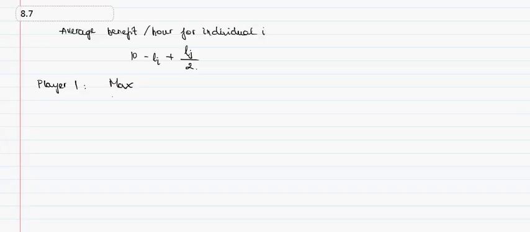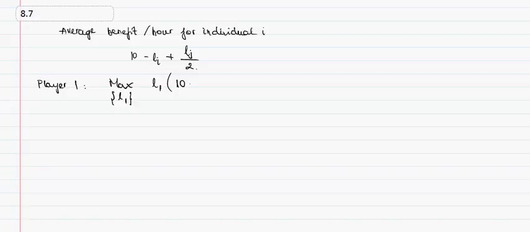Player 1 will try to maximize the objective function by choosing the number of hours, L1, that he would like to spend on landscaping. The total benefit is the total number of hours player 1 would like to spend on landscaping, multiplied by the average benefit per hour.